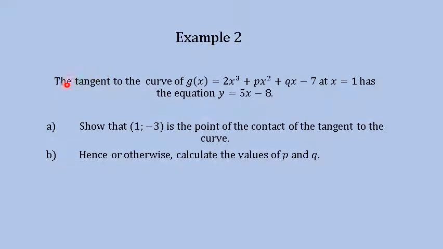Example number 2. The tangent to the curve g of x equals 2x cubed plus px squared plus qx minus 7 at the point x equals 1 has the equation y equals 5x minus 8. Number A. Show that the point 1 and negative 3 is the point of contact of the tangent to the curve. Number B. Hence or otherwise calculate the values of p and q.